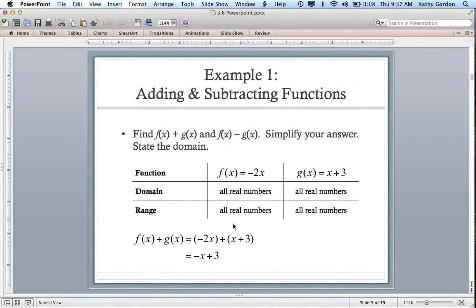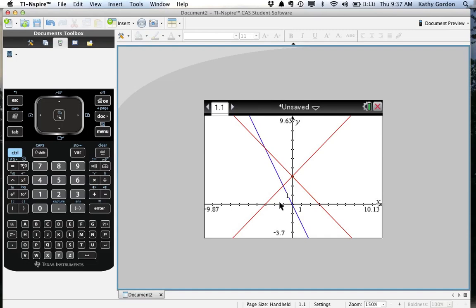Okay, and if I do this algebraically, taking f of x plus g of x literally means taking the negative 2x, which is f, and adding the x plus 3, which is g, and ending up with negative x plus 3, which if I go back to my graph, you can see I have plus 3 for my y-intercept, I have negative 1 as my slope, and so yes, this graph really is negative x plus 3 as a line.